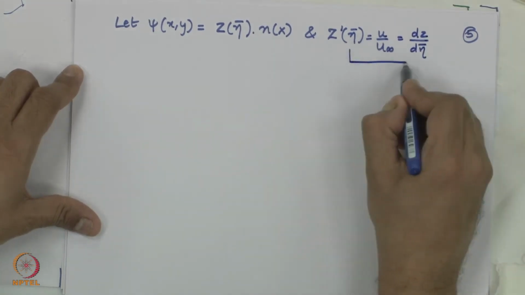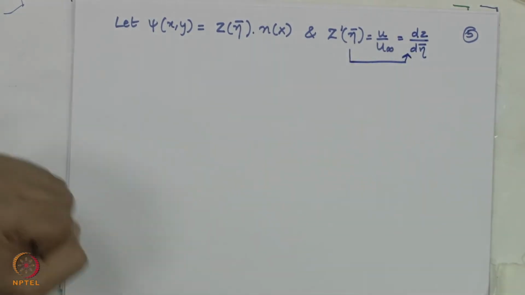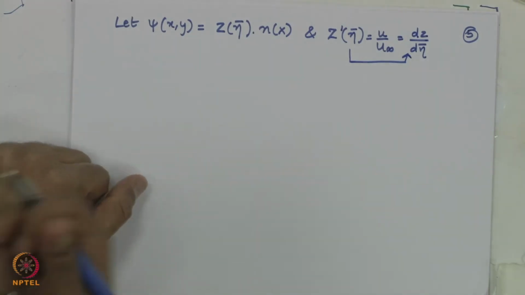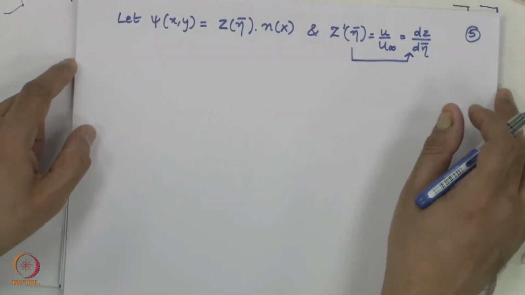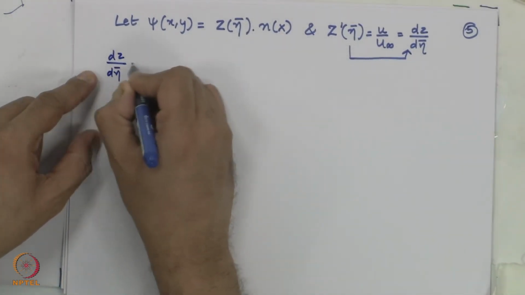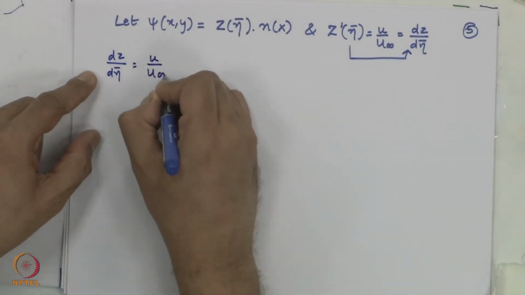So, we are defining z prime of eta bar equal to u by u infinity. Therefore, dz by d eta bar is equal to u by u infinity. This is my definition.